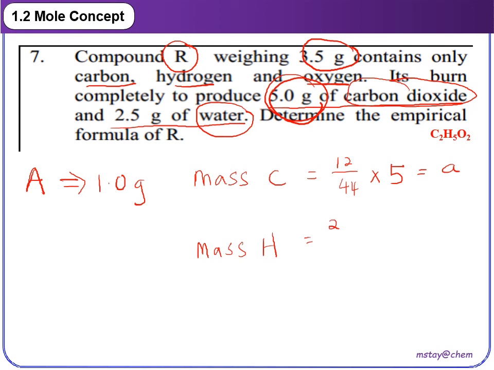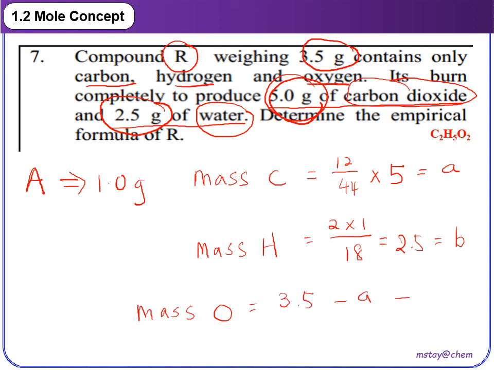We are going to use 2 times 1 divided by 18, and then multiply with the mass of water given in this question. Let's say later you will get B gram. Then how do you get the mass of oxygen? You will use 3.5 gram minus A minus B. Okay, so let's try it out yourself, and this is the final answer, C2H5O2.